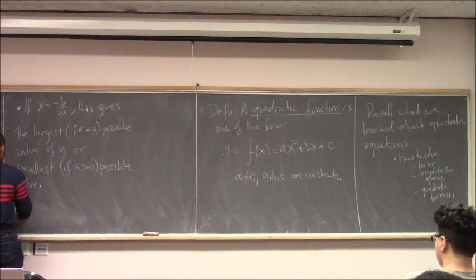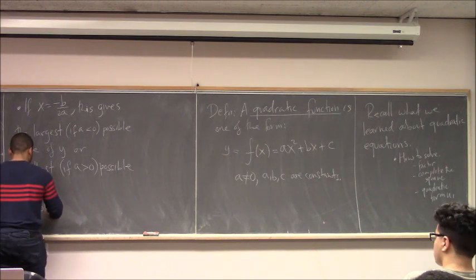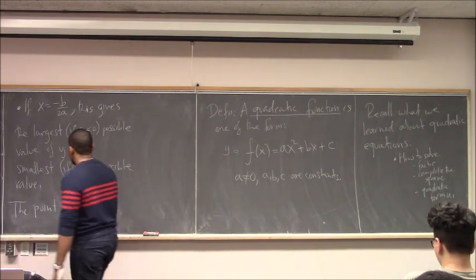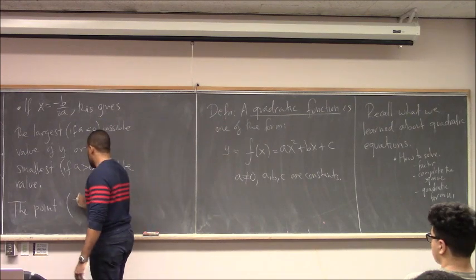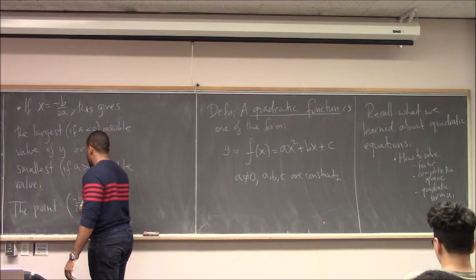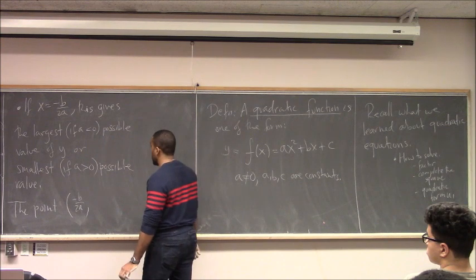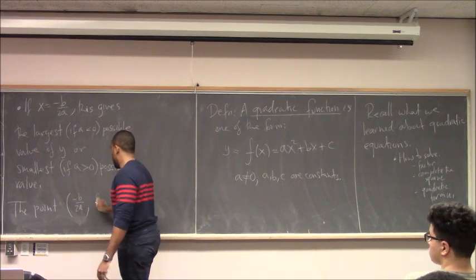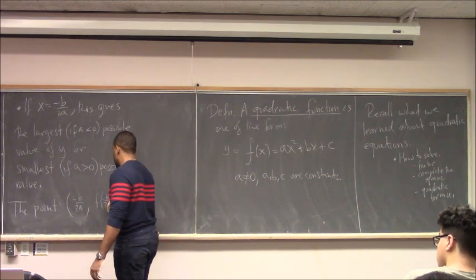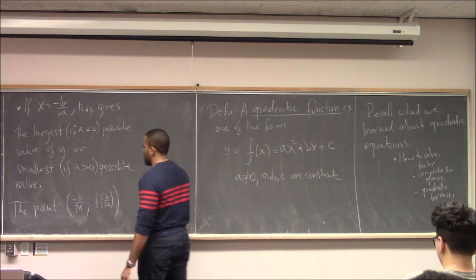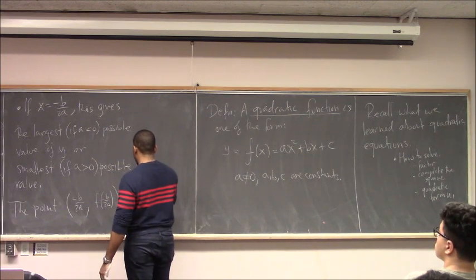And I also want you to recall the point: if the input is minus b over 2a, and I compute the corresponding output, f of minus b over 2a, that point is called the vertex of the quadratic.